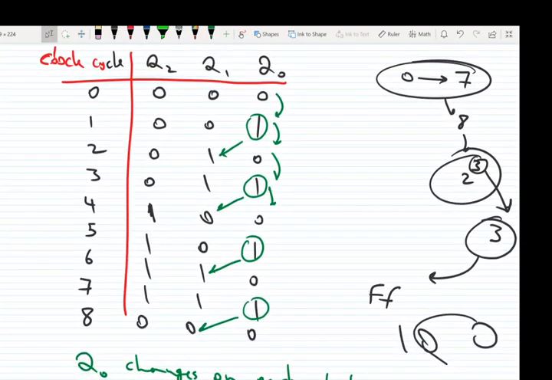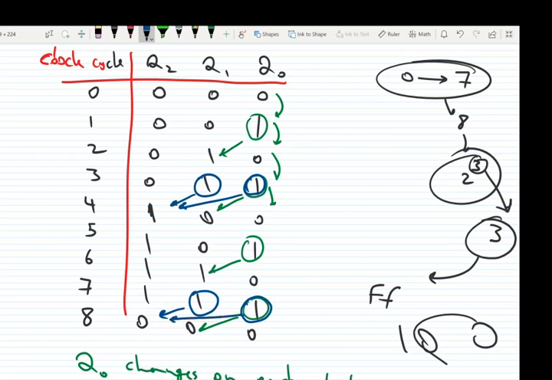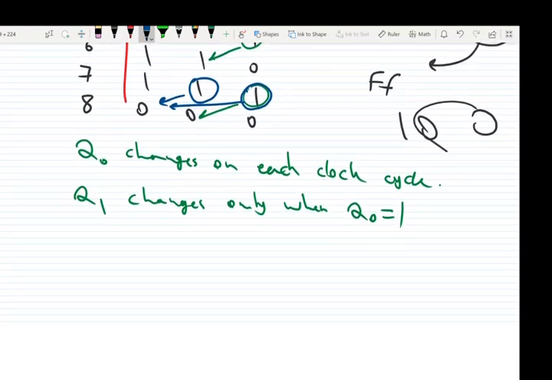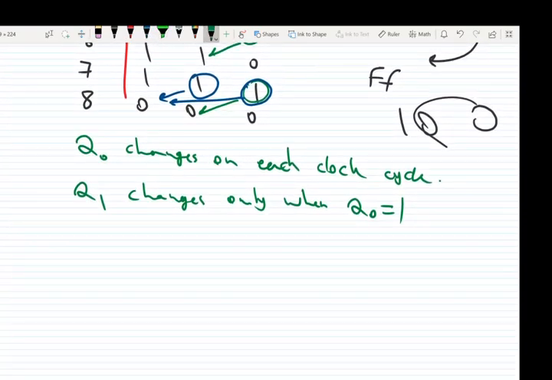Let's look at Q2. If we look at Q2, we see that Q2 changes only when Q0 and Q1 both are 1. You see? So Q2 changes when Q1 and Q0 are both equal to 1.